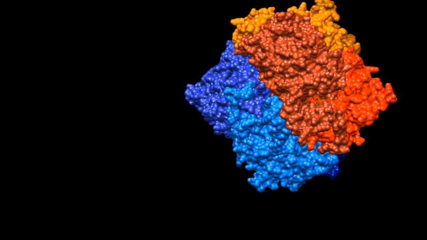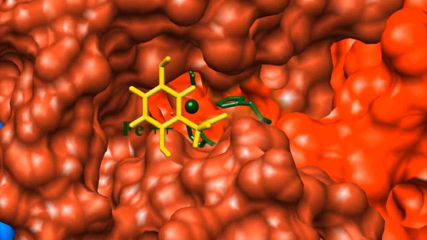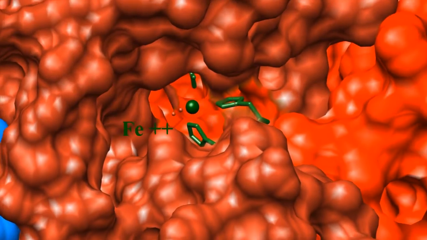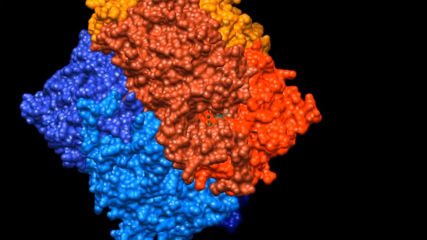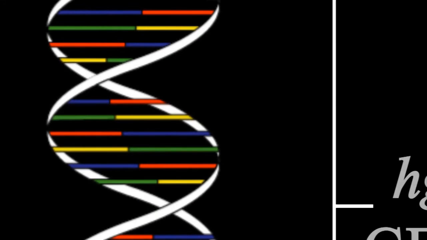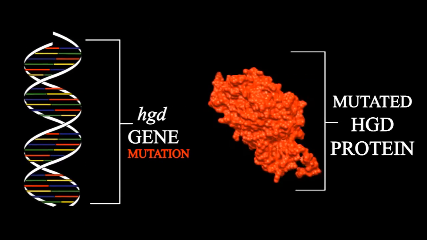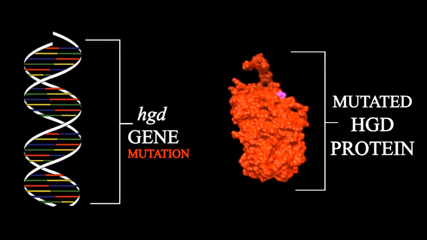Only this bioactive HGD enzyme is able to convert HGA at its active site with the aid of iron 2 to maleylacetoacetate, MAA.